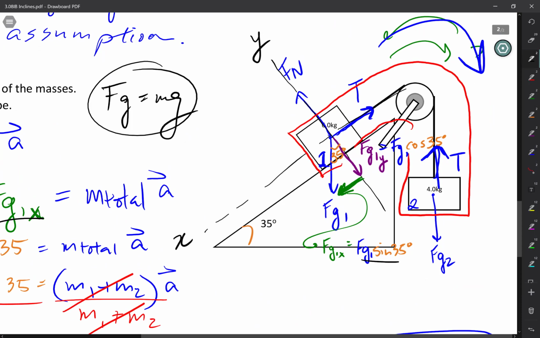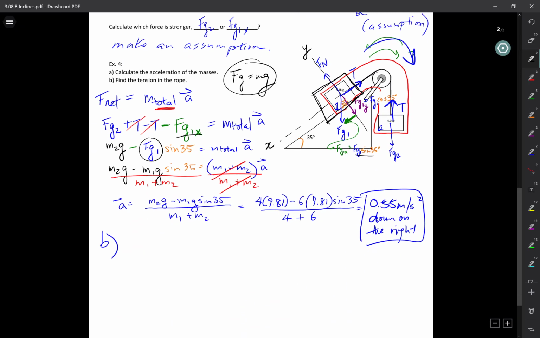And because I really want us to practice looking at inclines, even though I know mass 2 is going to be easier to analyze, I'm going to choose to analyze mass 1 to give us a little more exposure to incline problems, okay? So mass 1 is my system.